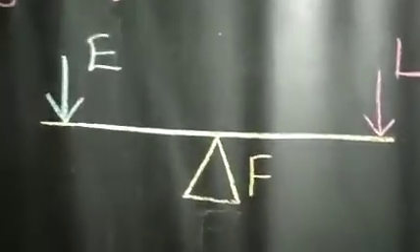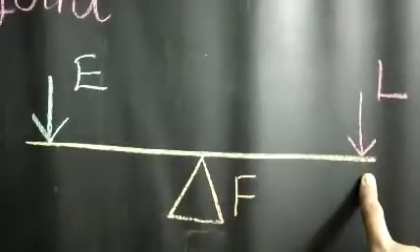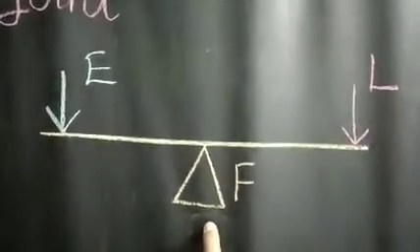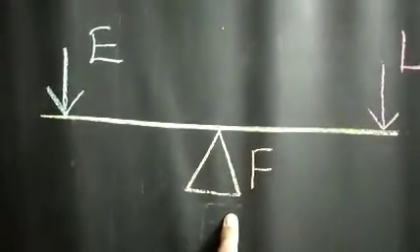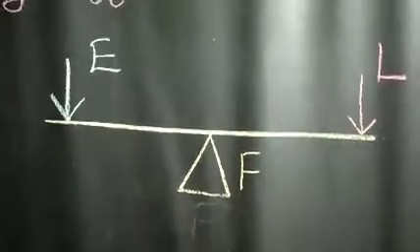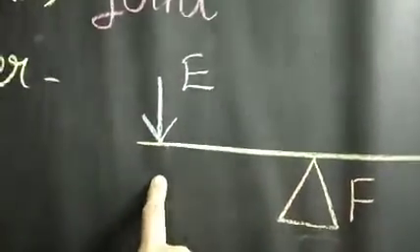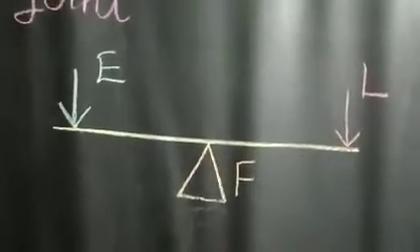So we saw that load is the place where we keep the object, and fulcrum is the place where the joint is there, that point will rotate. And effort is a place where we put our force. So these are the three parts.